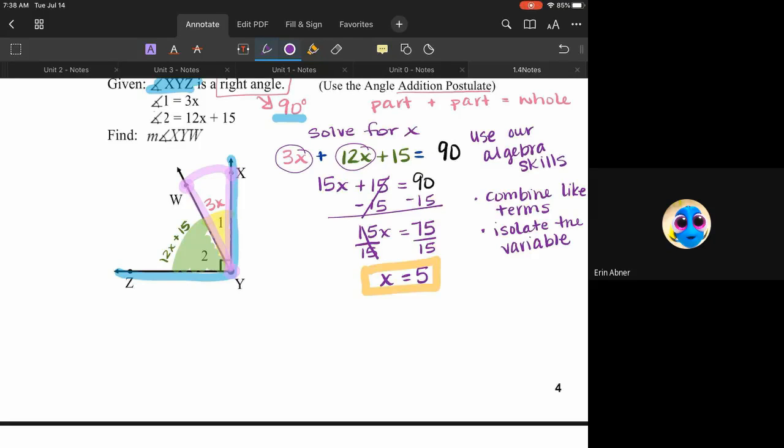So now I have 3x, keep it color-coded. And all I'm doing is substituting in the 5. So now I'll have 3 times the 5.